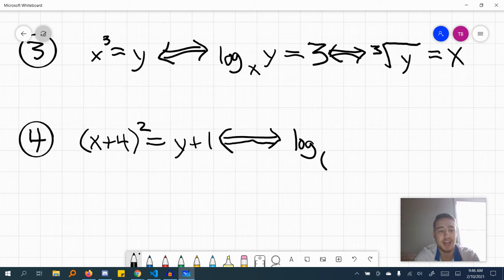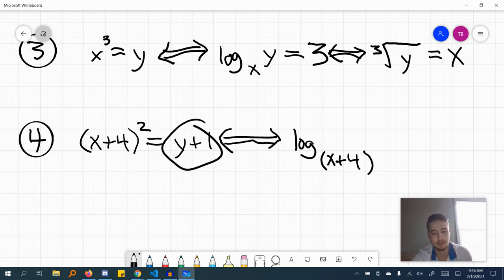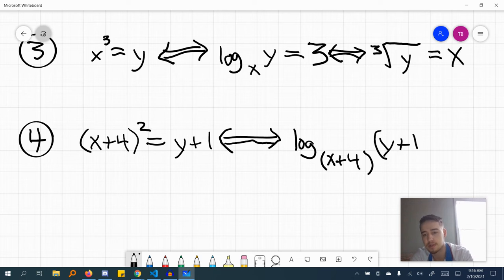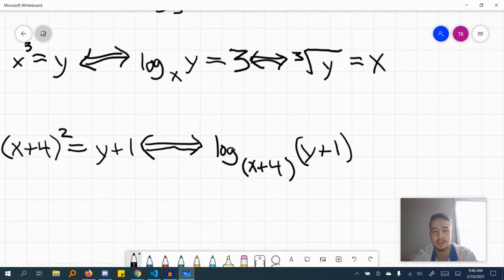We put this entire expression in the base because that's the part that's getting raised to a power, of the guy on the right is equal to the exponent that we used, which in our case was 2.